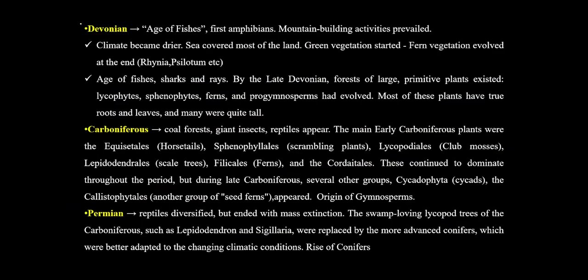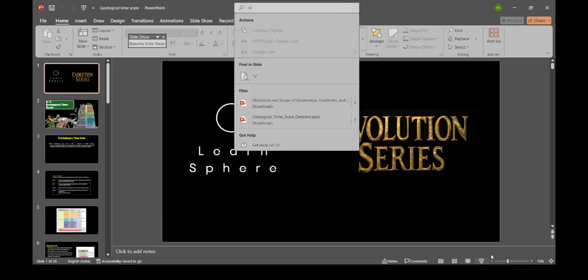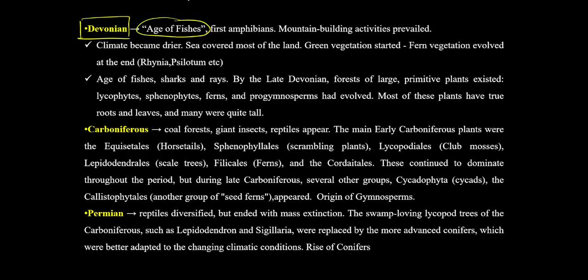Then the Devonian period is known as the age of fishes. First amphibians also appeared in this period, and mountains began to form.